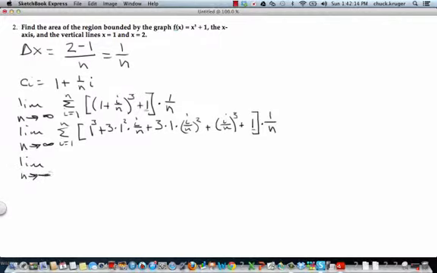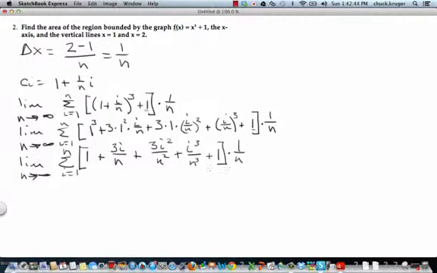All right, so I'm going to simplify this. i equals 1 to n, and in my bracket I've got 1 here plus 3i over n plus 3i squared over n squared plus i cubed over n cubed plus 1, times 1 over n.